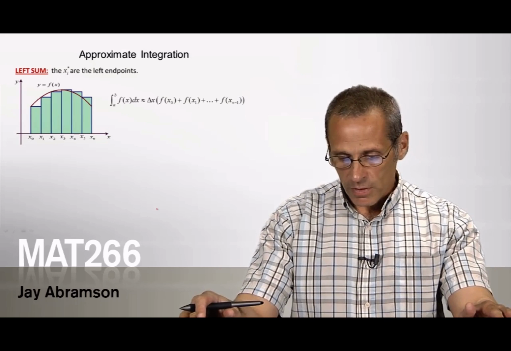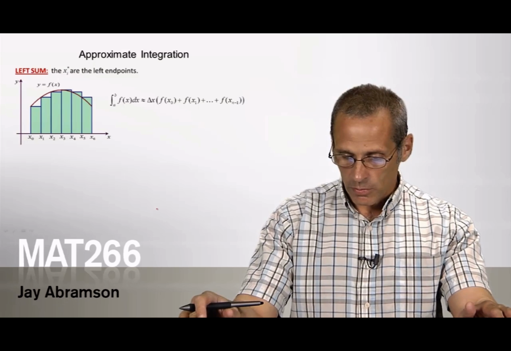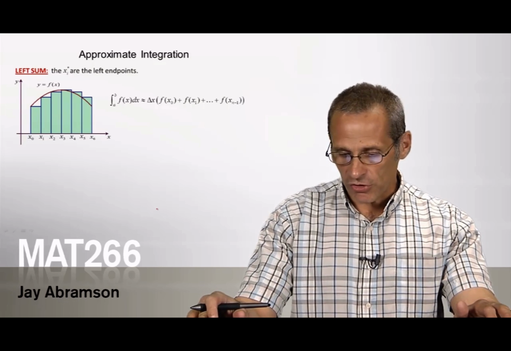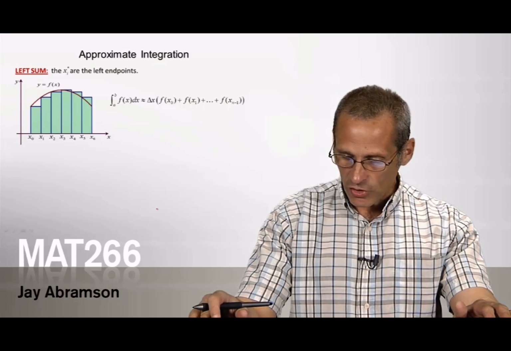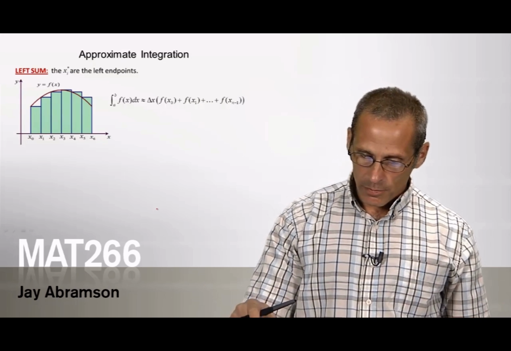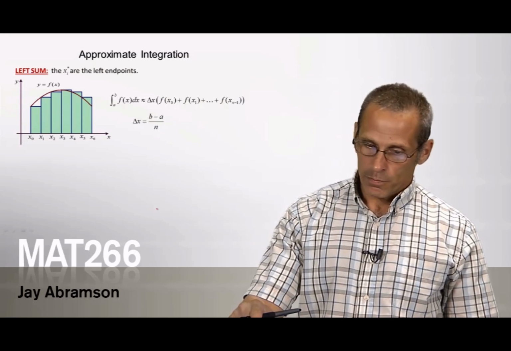So we can approximate the definite integral by delta x times the quantity f evaluated at the left endpoint x sub 0 plus f evaluated at x1, and we continue all the way until we get to f of x sub n minus 1, the left side of the last rectangle. Recall delta x is b minus a over n.